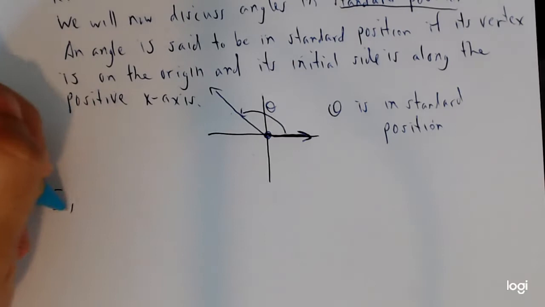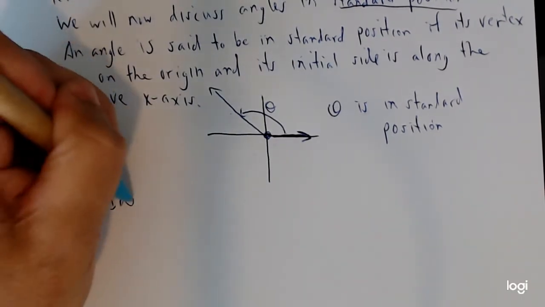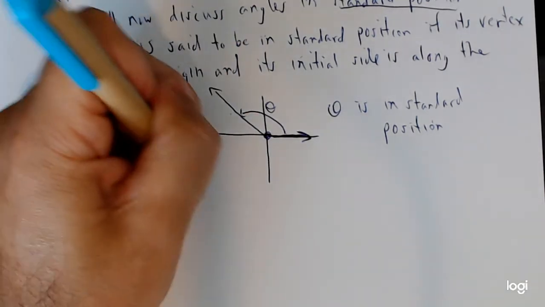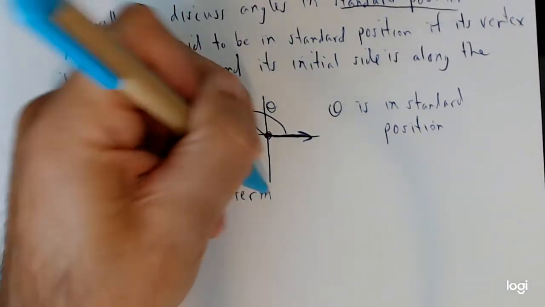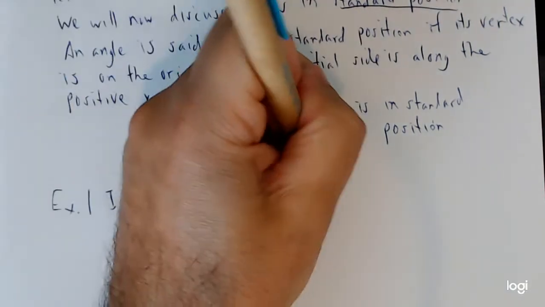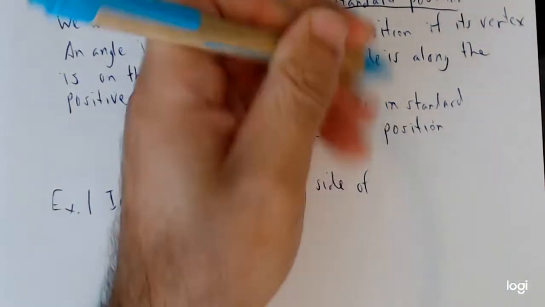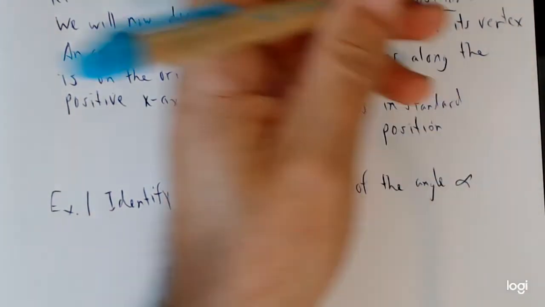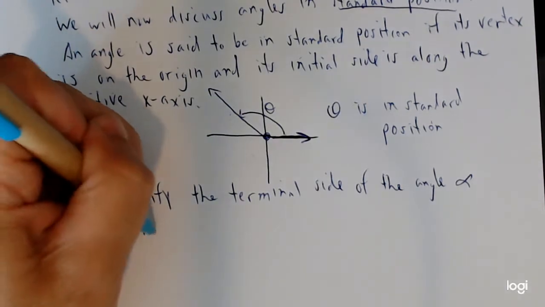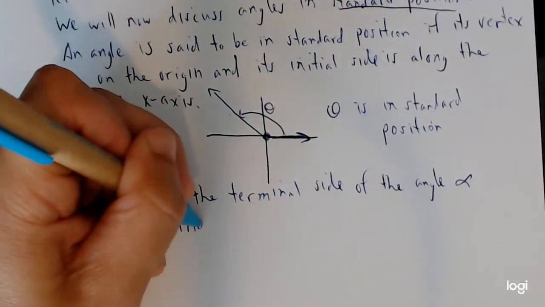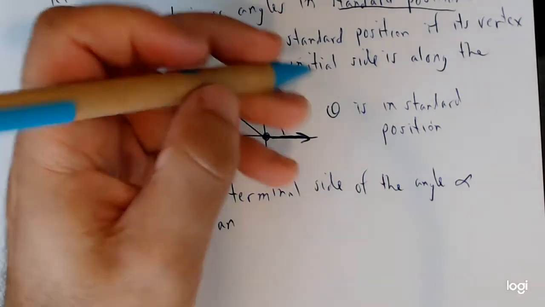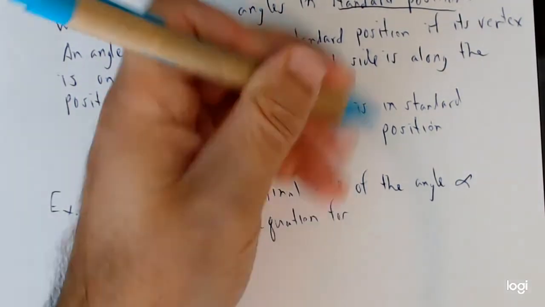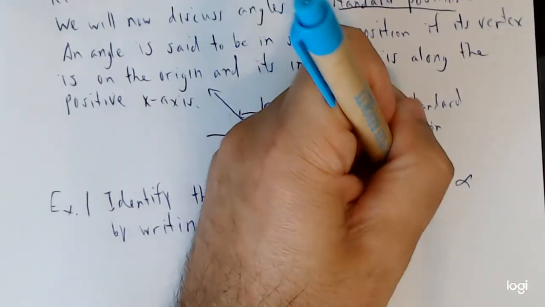Okay, with that said, let's look at our first example. For example 1, we're going to identify the terminal side of the angle alpha by writing an equation for the line.